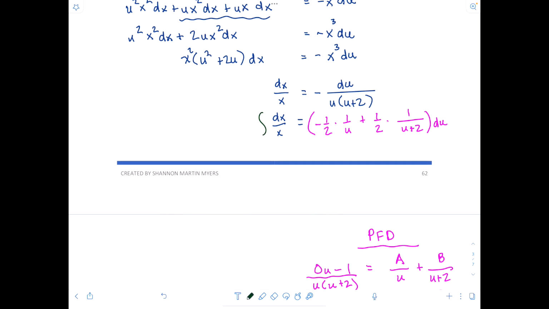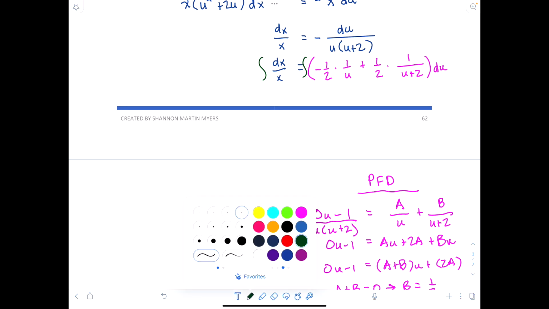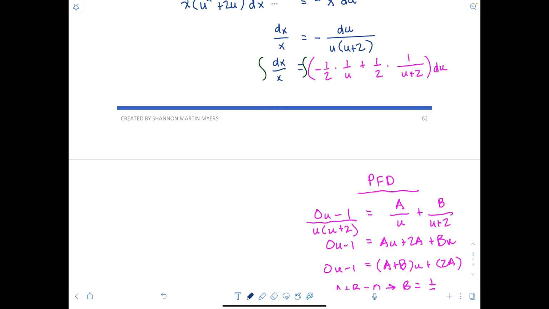Integrating both sides, now that we've got it all set up, what's going to happen? Well, we will have natural log absolute x is equal to negative 1/2 natural log absolute u plus 1/2 natural log absolute u plus 2 plus some constant of integration. Groovy?